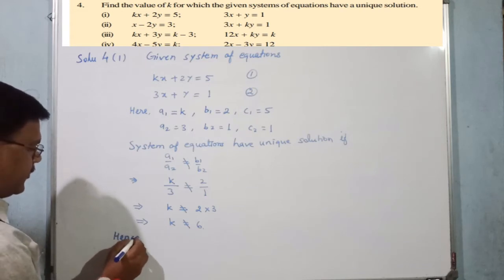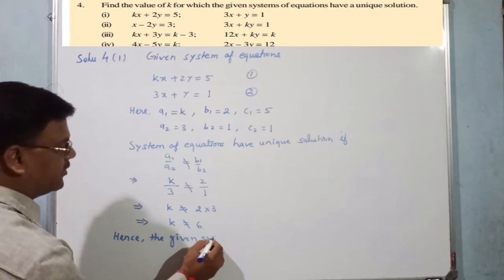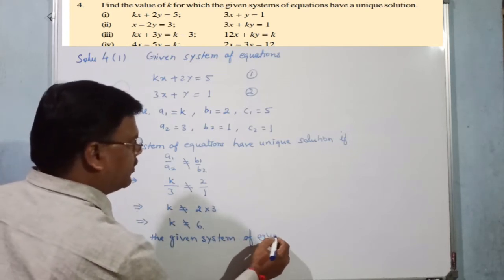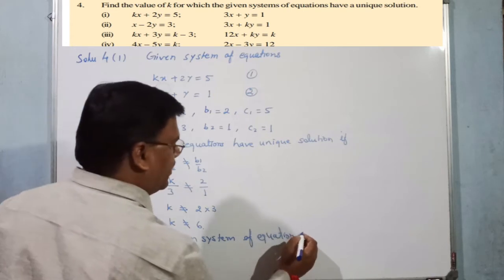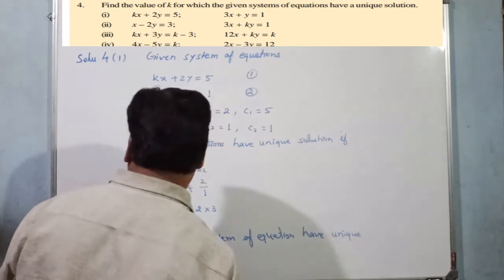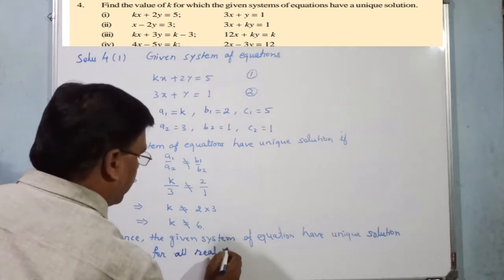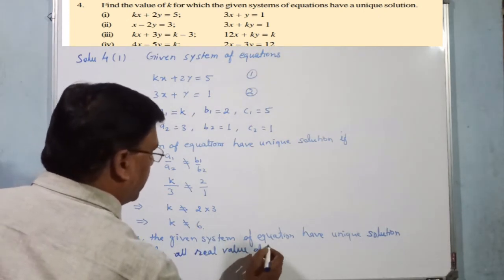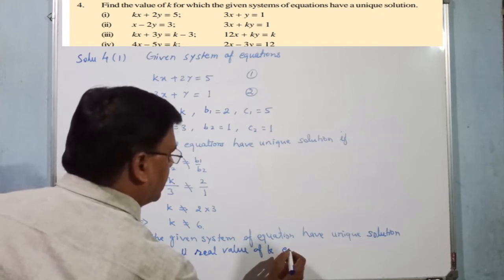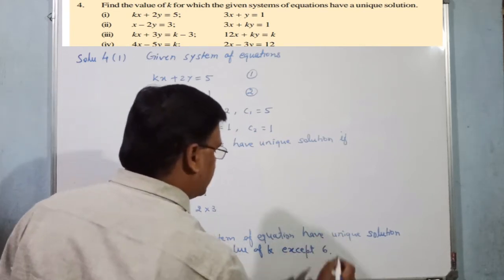Hence, the given system of equations have unique solution for real value of k except 6.